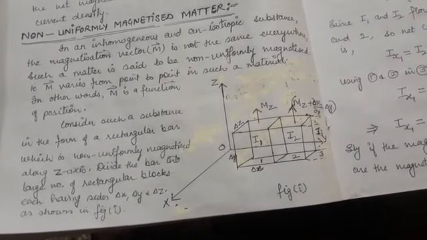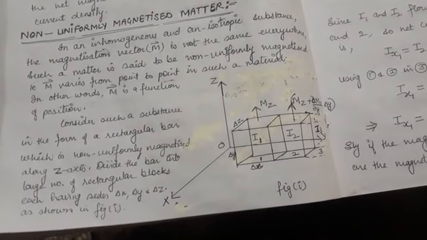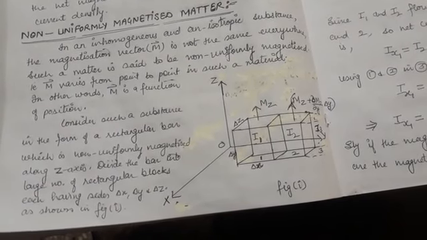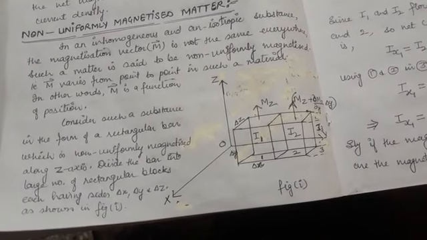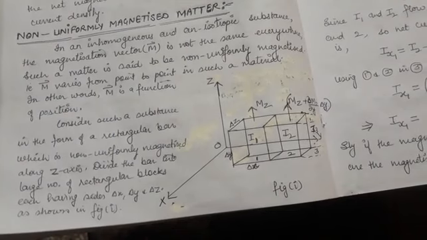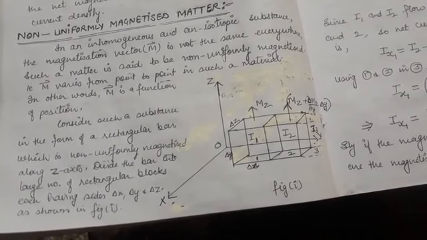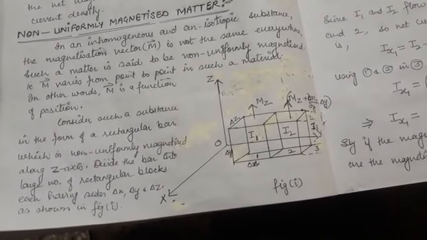So for such a matter, I have considered a rectangular block of such a substance which is anisotropic, inhomogeneous and non-uniformly magnetized. Let the magnetization be along the z-axis as I have shown in figure 1. Now I have divided this rectangular block into a large number of blocks.